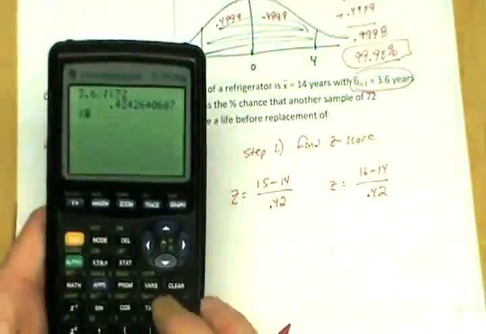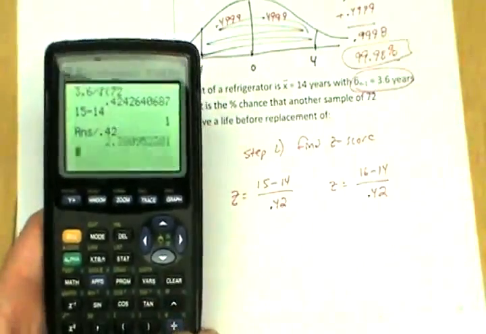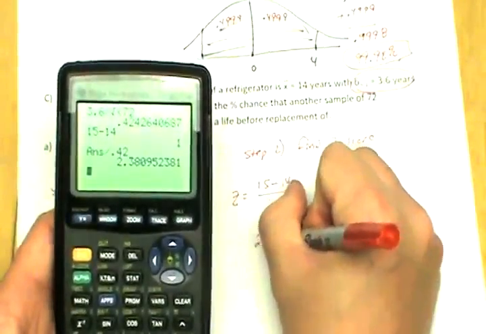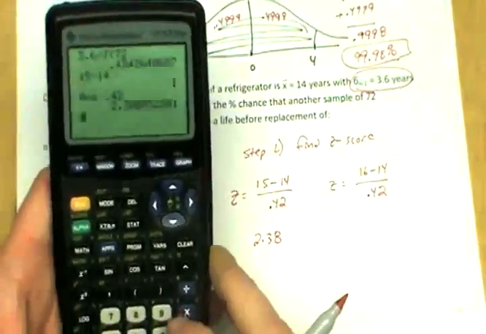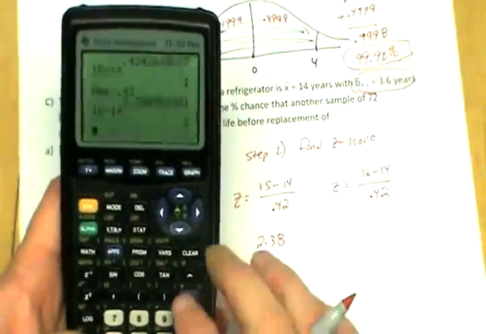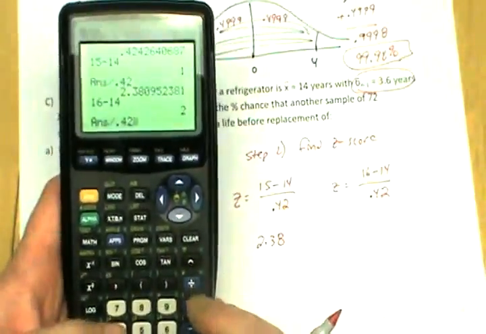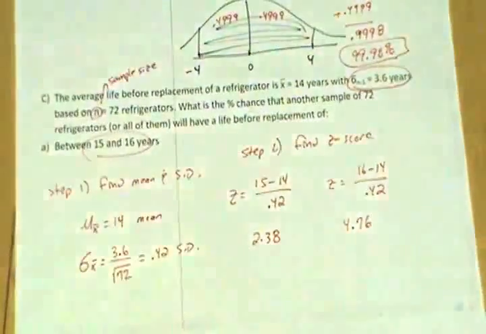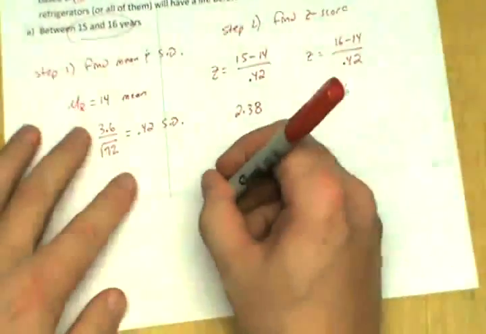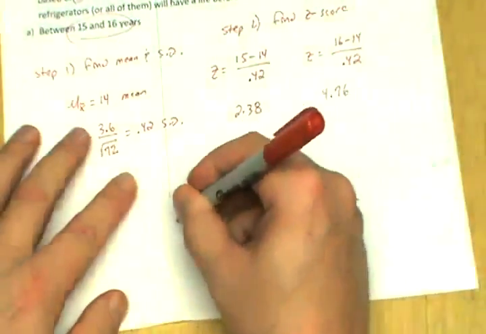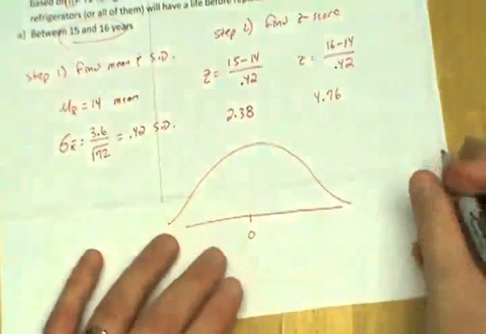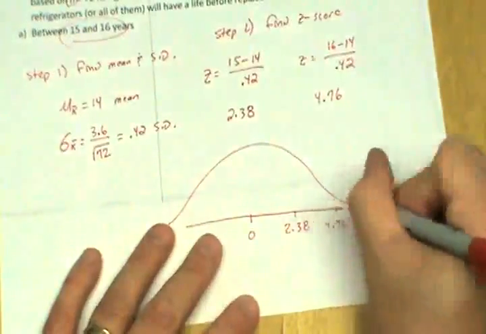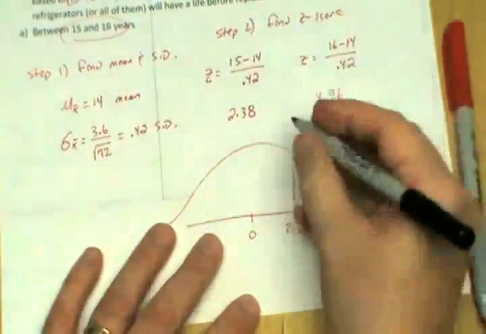So let's find those. 15 minus 14 divided by 0.42, 2.38 for this one. And then 16 minus 14 divided by 0.42, 4.76. So we want between those two z-scores. Zero always goes in the middle. 2.38 for a z-score, 4.76 for a z-score, and we want in between those two.